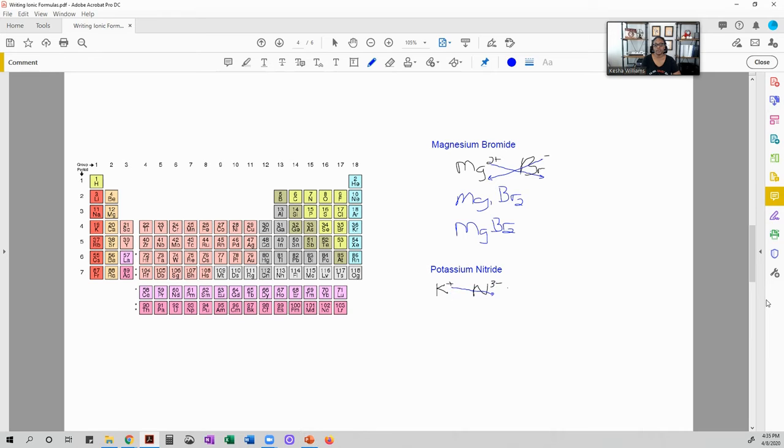And then we take the 3 from the nitride, and that becomes a subscript for the potassium. Now, when we write this, we know from above that we do not need to write a subscript of 1. So in this case, the chemical formula will be potassium 3 nitride.